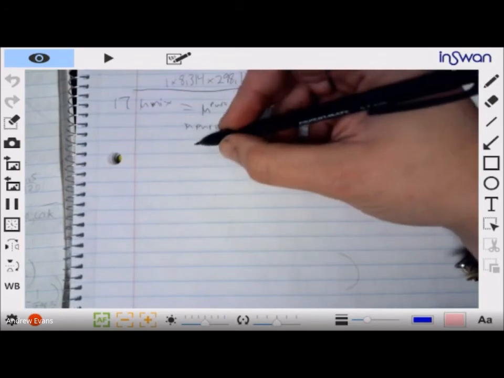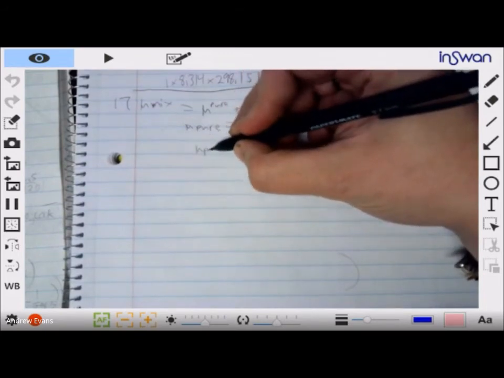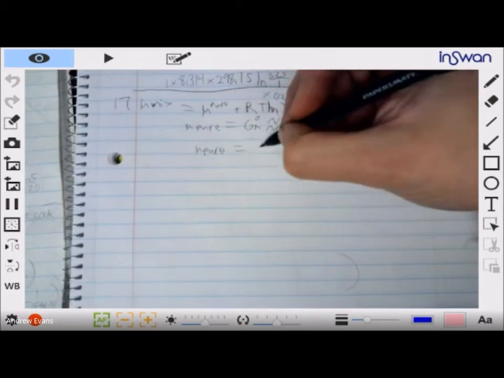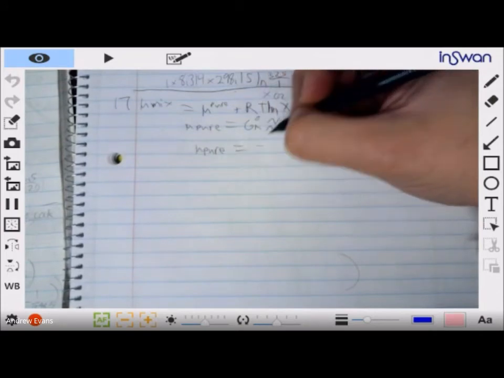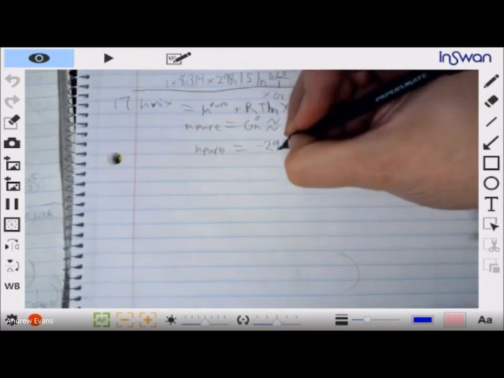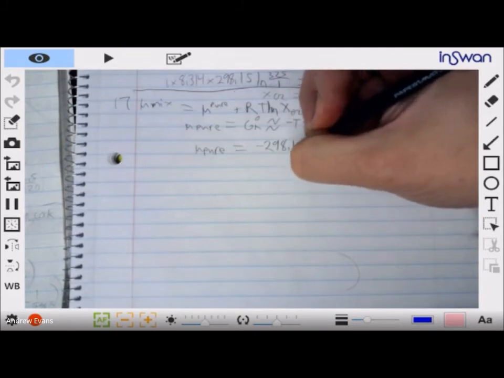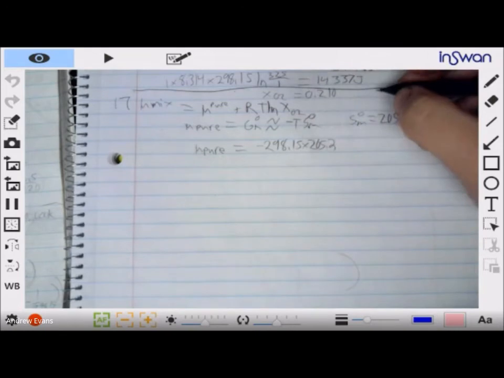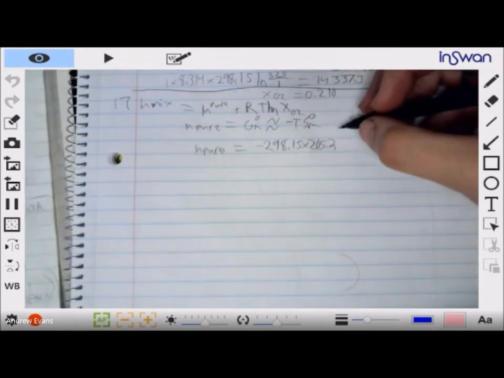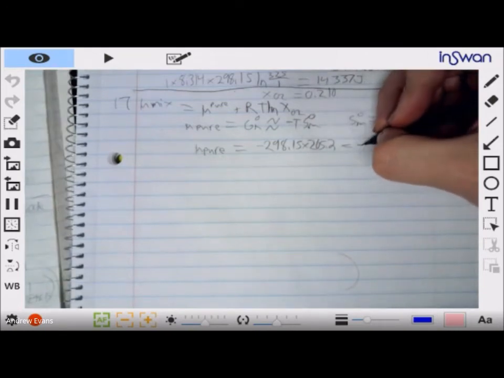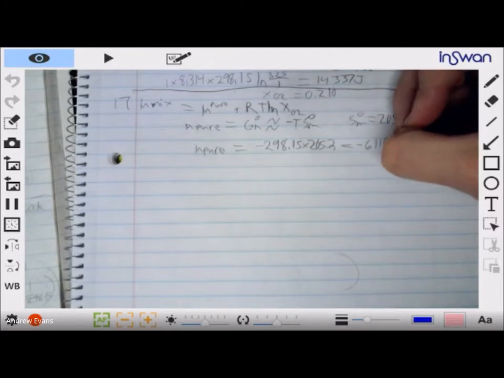So the pure chemical potential is simply negative 298.15 times 205.2, which leads us to negative 61180 joules.